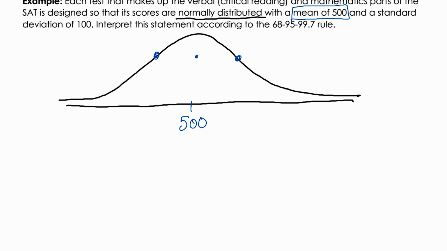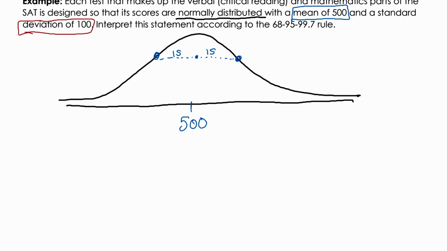So that means if this is the mean at 500, and I come out 1 standard deviation this way, I'll label it as 1S for 1 standard deviation in either direction. It says in the statement here that the standard deviation is 100. So that means every time I come out 1 standard deviation, that's a scale that represents 100.